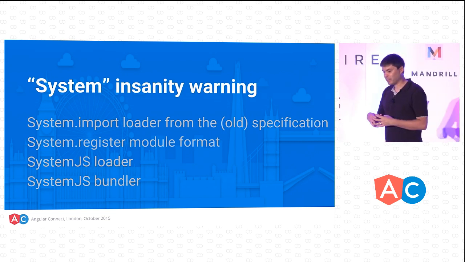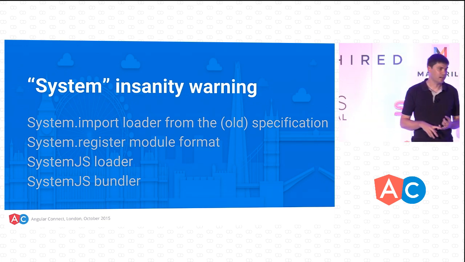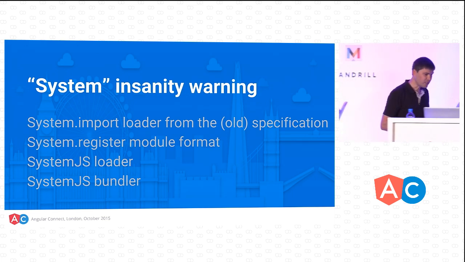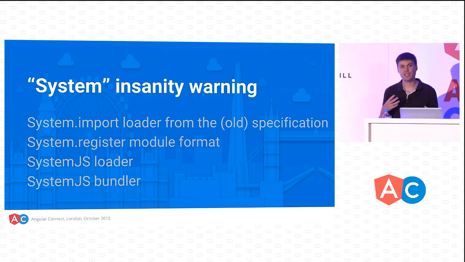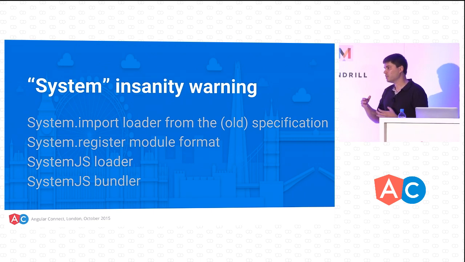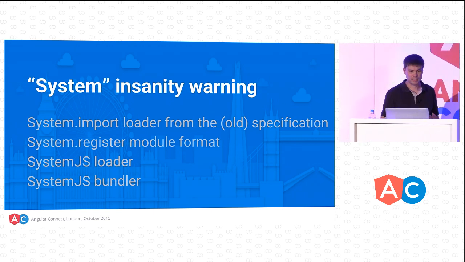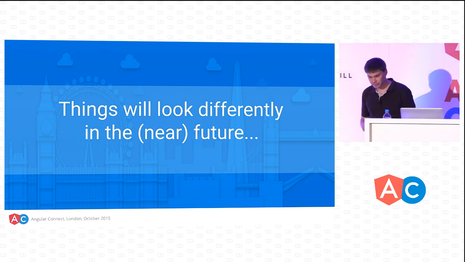And on top of this, we've got the whole ecosystem around the SystemJS project, which has its bundler, and so on and so forth. So I'm highlighting this because when we have this conversation together, we need to be precise, just to avoid misunderstandings.